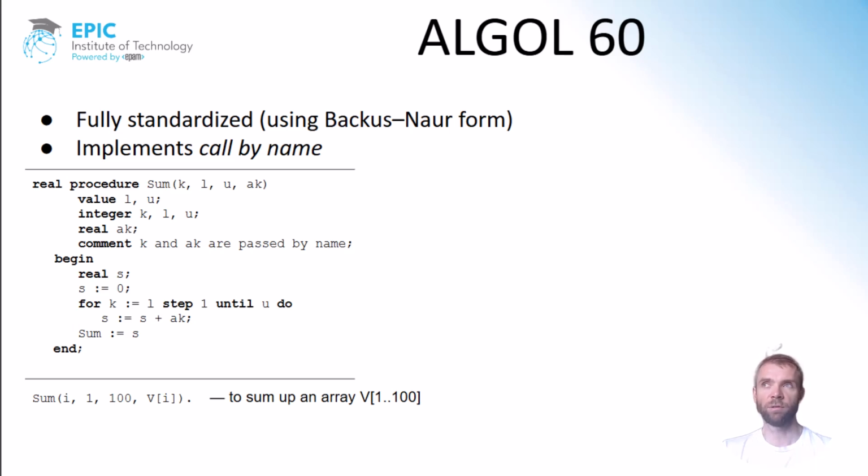It can be used to compute integrals, if you pass it a formula that computes the value of some function, right? So this actually allows for higher abstraction than could be possible if we didn't have the call by name way of calling procedures. This is one of the strengths of Algol, but on the other hand, it's hard to implement efficiently. And at the time, it was criticized for being kind of an obscure feature of the language.